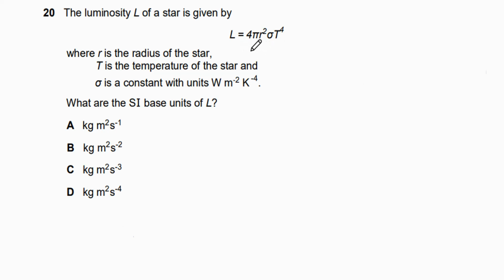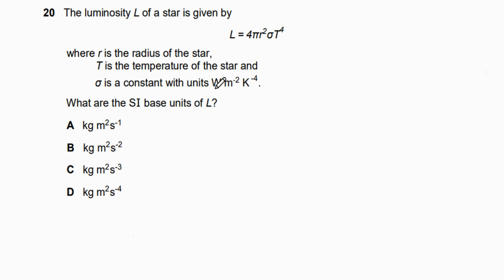So L equals 4 pi r squared sigma times T to the 4, where R is the radius of the star, T is the temperature of the star, and sigma is a constant with these units. So W m to the -2, K to the -4.